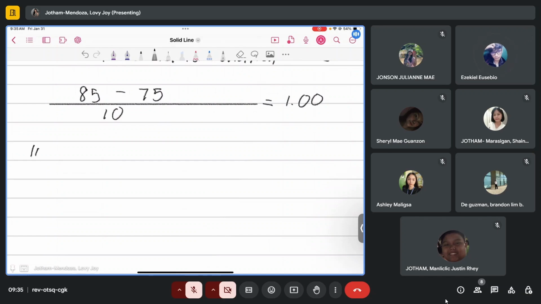So, for the interpretation, okay, Kiel. What about students who scored above 85, ma'am? What about them? Well, the total probability is 100% or 1.